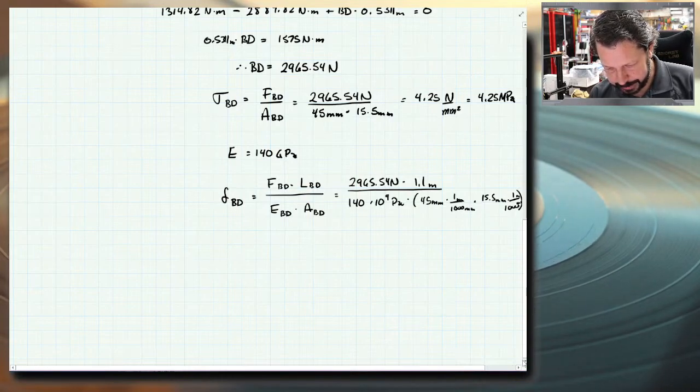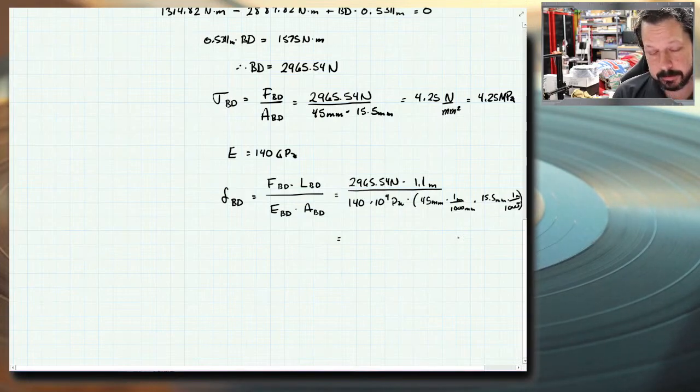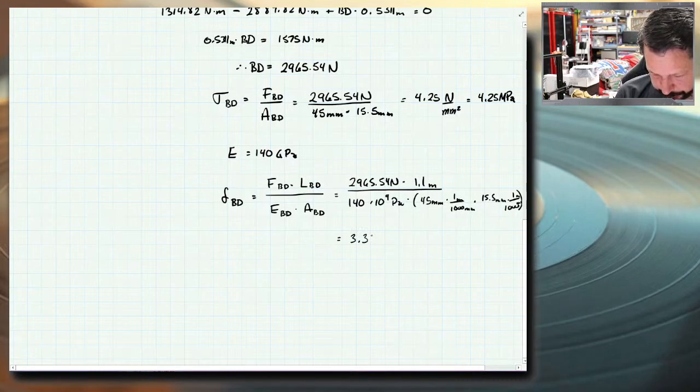Then we've got 2965.54 times 1.1. That's the numerator divided by our denominator. I get a small number. Now, the way I've done this is it comes out in meters. So 3.341 times 10 to the negative 5th meters.